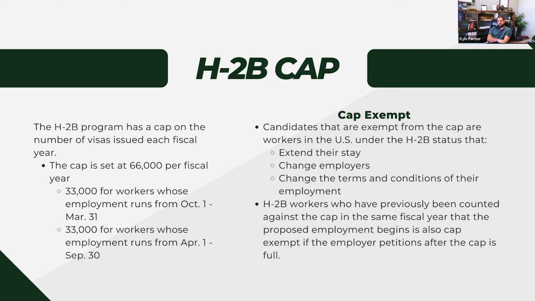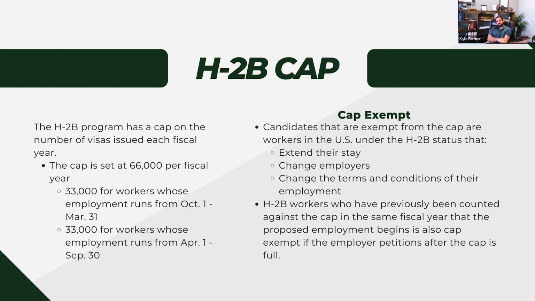So, let's say that you run a landscaping company and your brother runs a holiday light company, or maybe you run both. And so you need workers badly from, let's say, March through November.